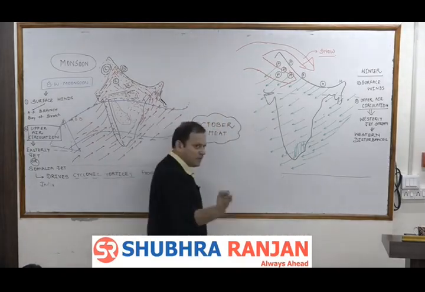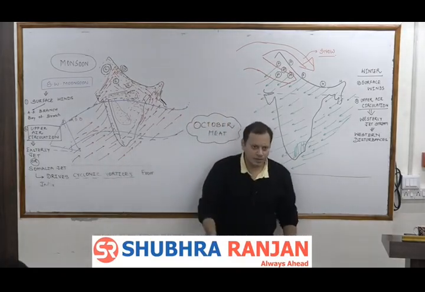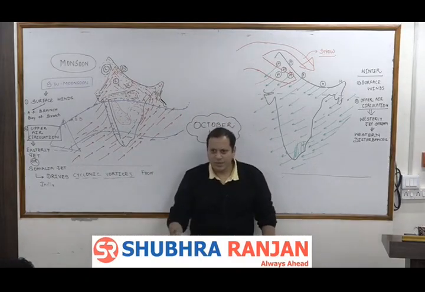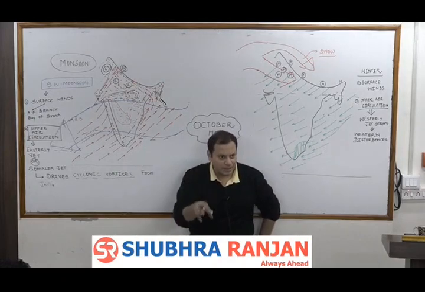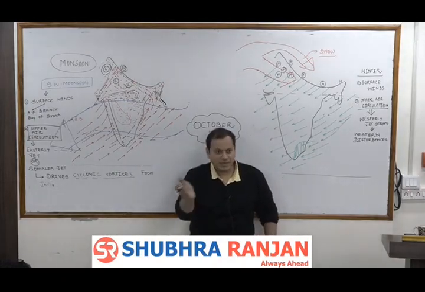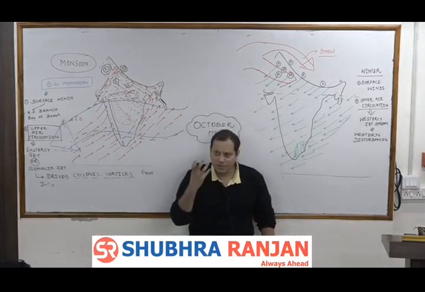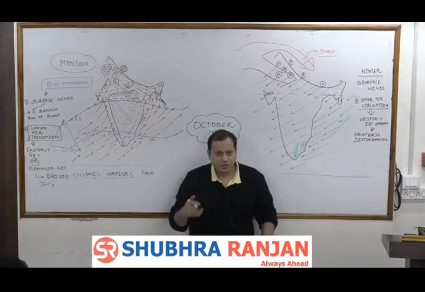So in the month of October, days are very hot, nights are cooler. October heat. Why? In the day the sunlight is trapped by water vapor, and water vapor is a greenhouse gas. Why is there water vapor? The last 3 months of rain. The ground is moist. So October heat.